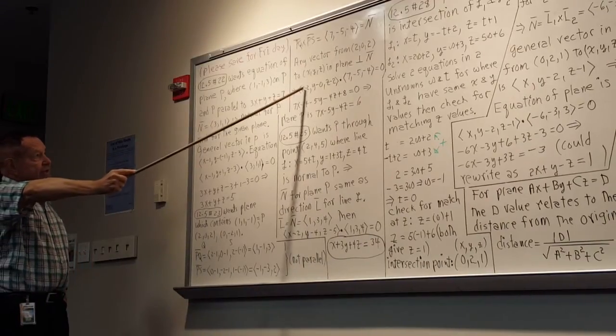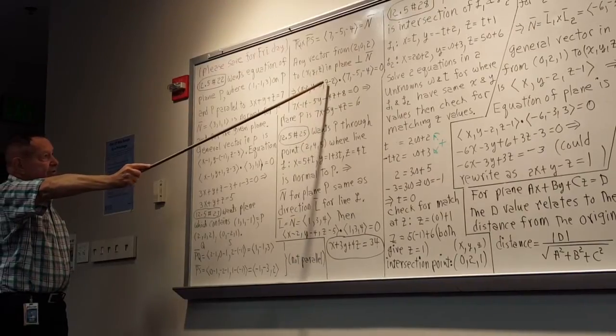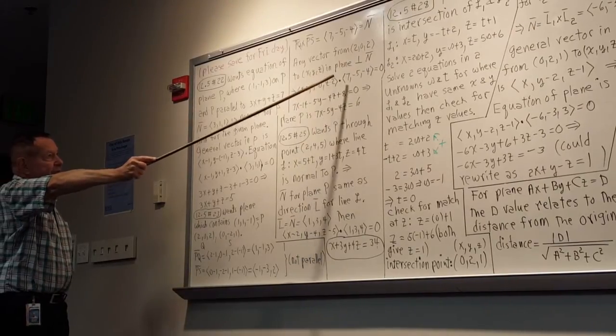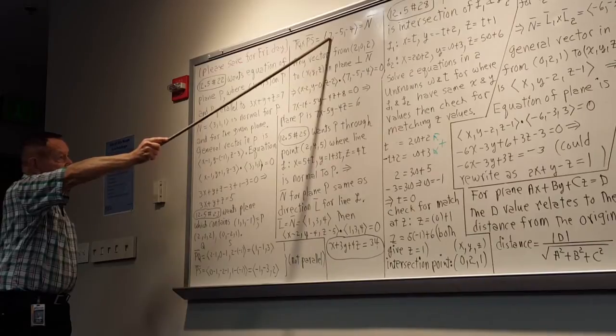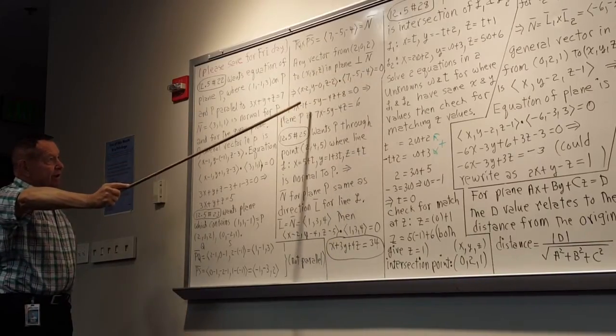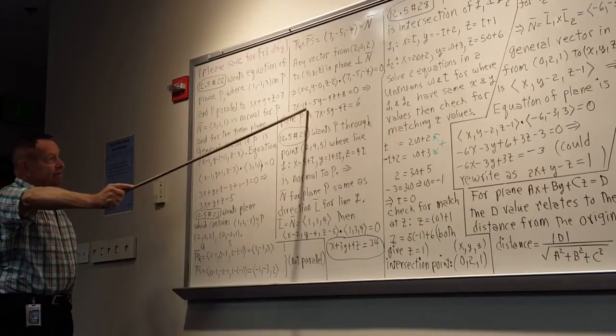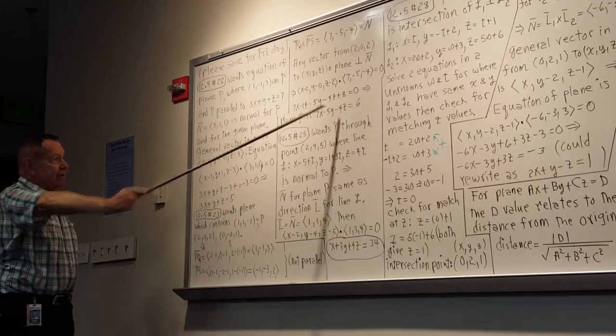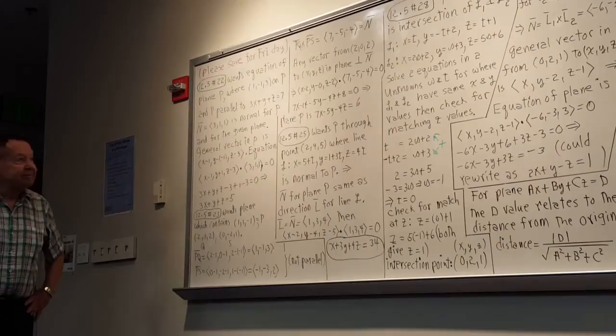So X minus 2, Y minus 0, Z minus 2, dot the normal would be 0, and you can grind that down, do your algebra, and you get something like that.